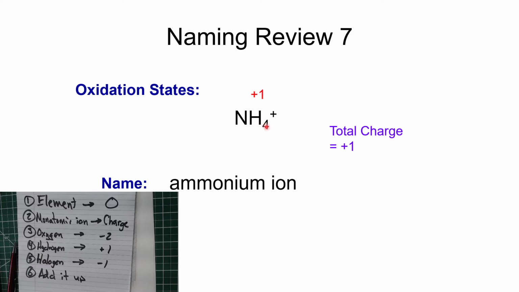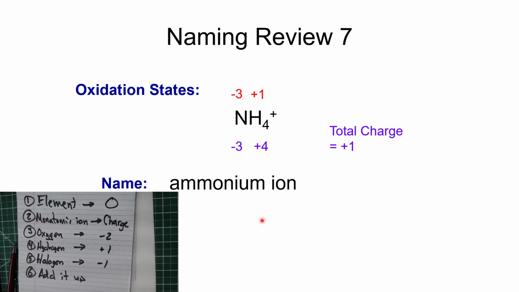We'll do +1 times 4. Of course, it's +4. No need for a calculator here. Since we only have one element left, we're now ready to solve for nitrogen. Some number plus +4 gives us +1. So that some number, of course, has to be -3. We'll take the -3 and divide by the 1 nitrogen, and that will give us -3 as the oxidation state for nitrogen.